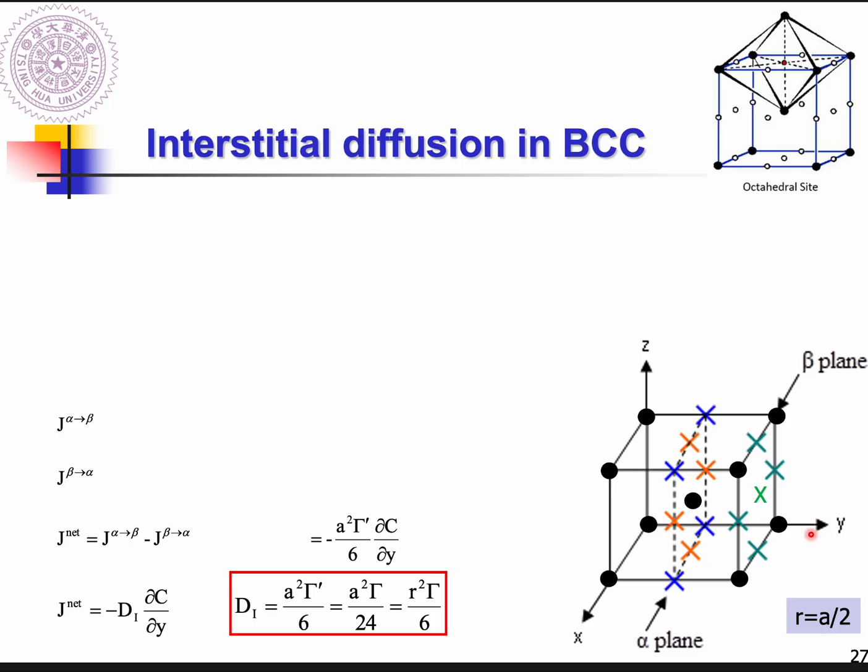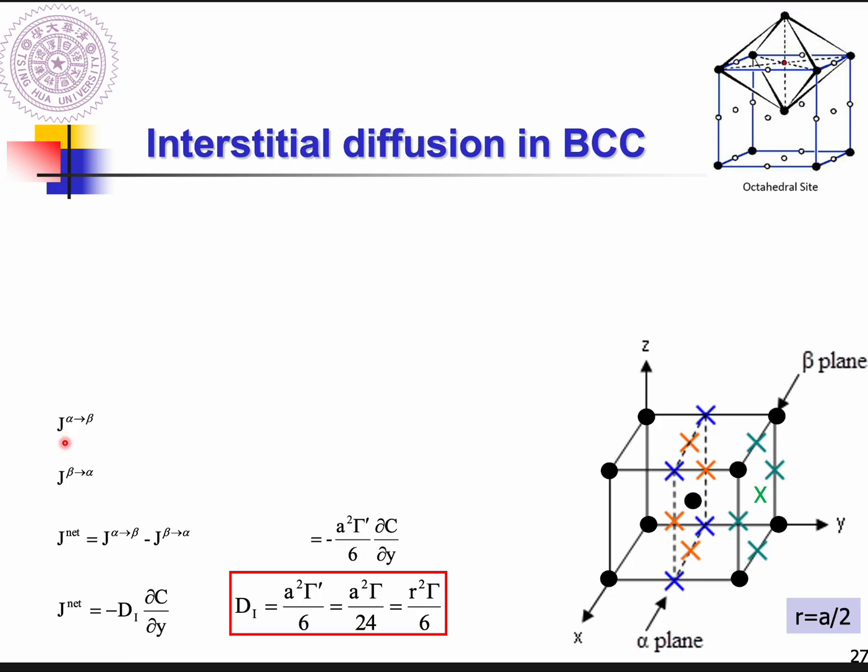So we assume there's a constant flux of diffusing atoms passing along the y-axis. This is Fick's first law, right? And this is the cubic we are interested in, a BCC. I identify this as the alpha plane and this as the beta plane, so I define two planes, alpha and beta, in order to get the net flux.